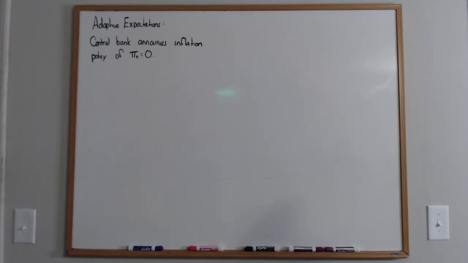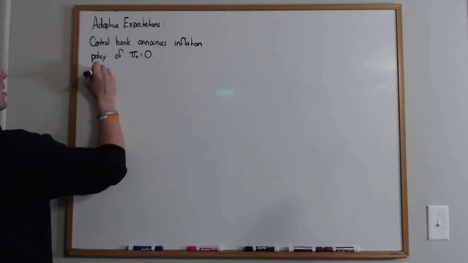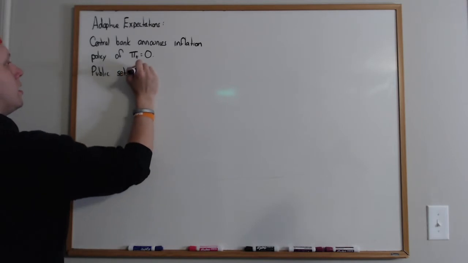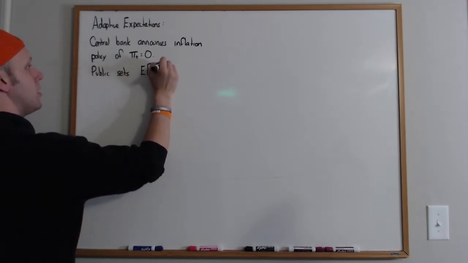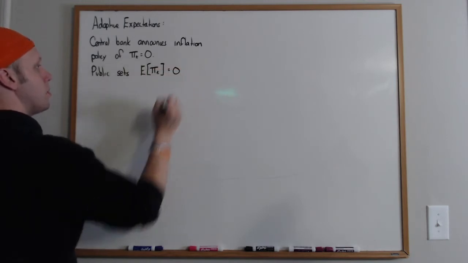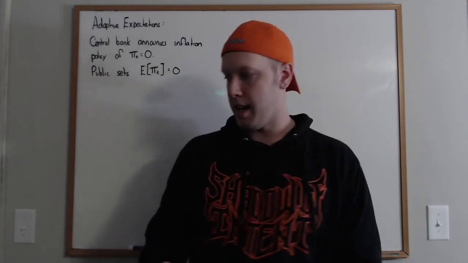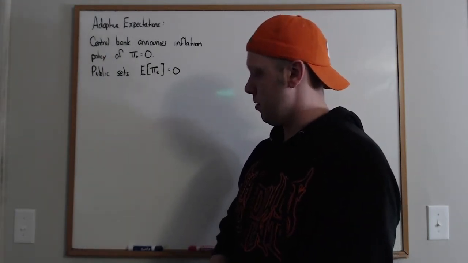Well, they announce that under adaptive expectations. The public sets their expected inflation equal to 0. So they set the expected inflation rate to 0.